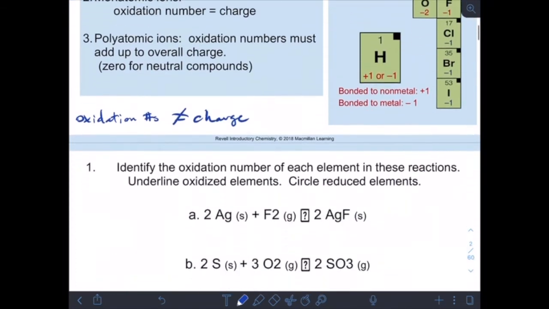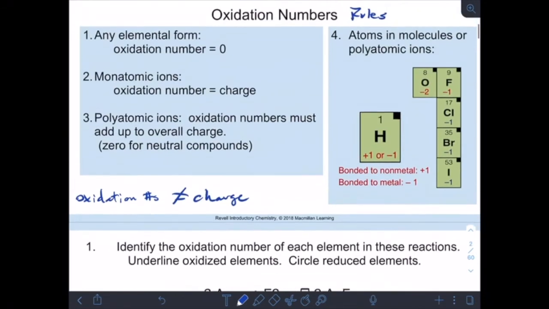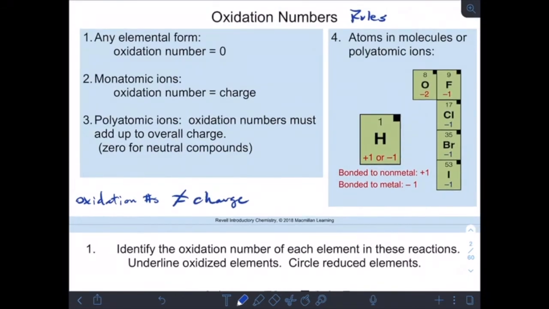So let's take a look at assigning oxidation numbers. If you haven't written these parts down, any element in its elemental form has an oxidation number of 0. That's things like solid metals, or the diatomic molecules.